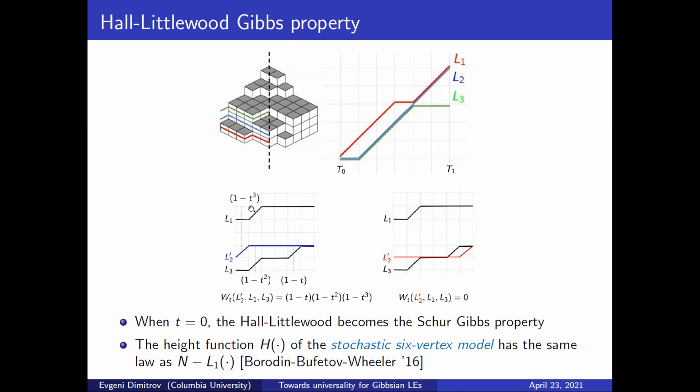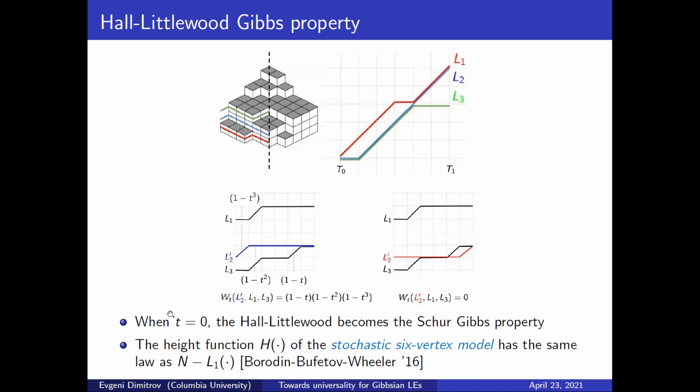So this model gives you a natural way to embed the height function of the six-vertex model into a Gibbsian line ensemble. By the way, this distributional equality was discovered by Borodin, Bufetov, and Wheeler.